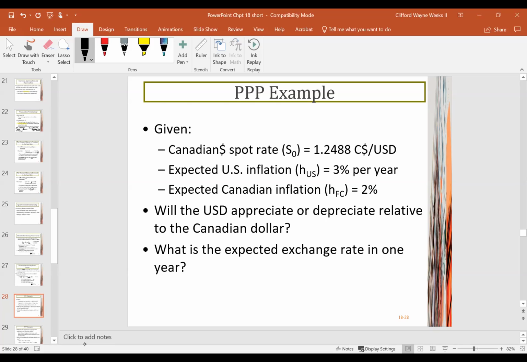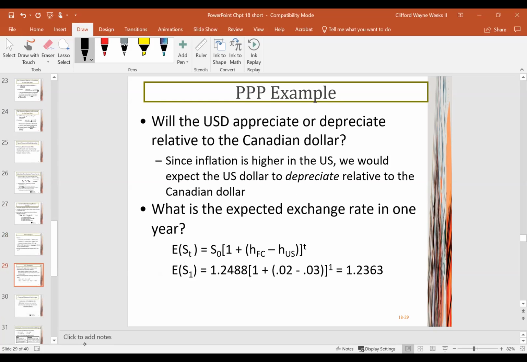We have a higher inflation rate than the Canadians do, and so I believe the US dollar is going to depreciate against the Canadian dollar. Why? Because our dollar is going to get weaker because of inflation. Since the inflation is higher in the US, we would expect the US dollar to depreciate relative to the Canadian dollar.